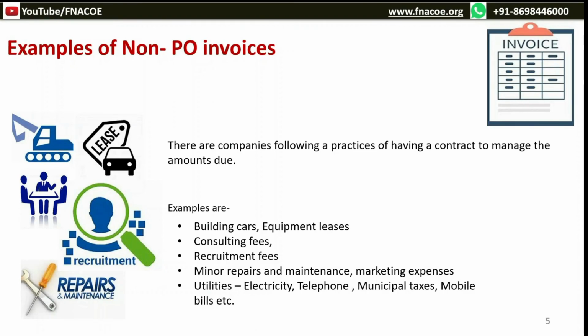For example, a consultant is appointed for a defined period of six to nine months, and a contract is signed. Every month the consultant will issue an invoice against which the payment has to be made, right? These are all cases of non-PO invoices, and they go through a different approval cycle, only after which a payment is made.